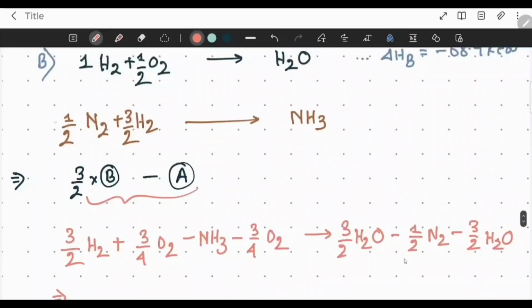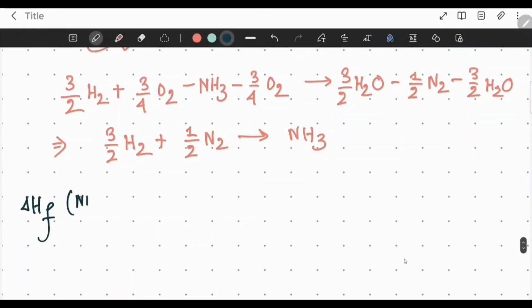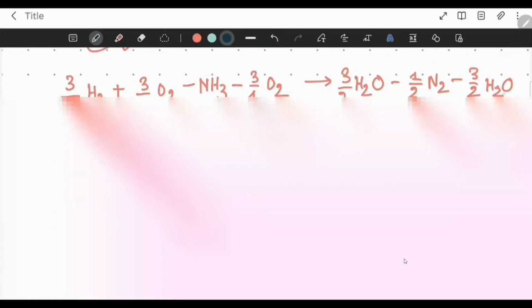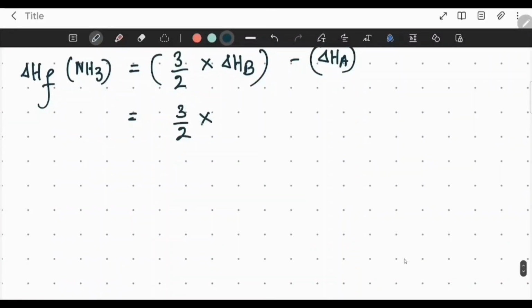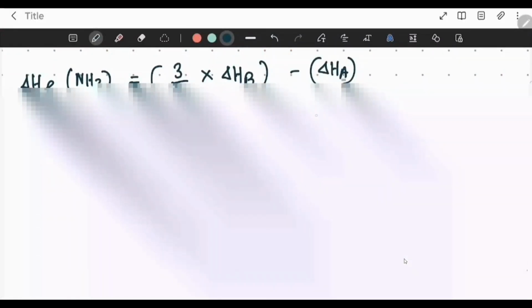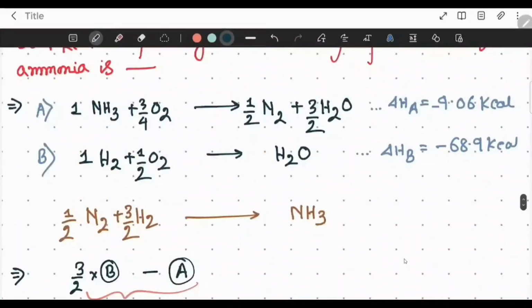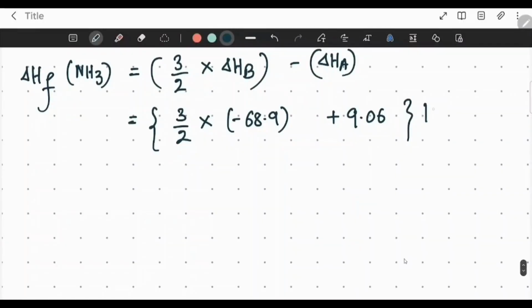So eventually it gives us this equation: 3 by 2 H2 plus half of N2 gives NH3. So the del H formation of ammonia will be 3 by 2 into del H B minus del H A. Now we just have to put in the values. 3 by 2 into HB, which is minus 68.9 kilocalorie, and minus minus plus 9.06 kilocalorie.